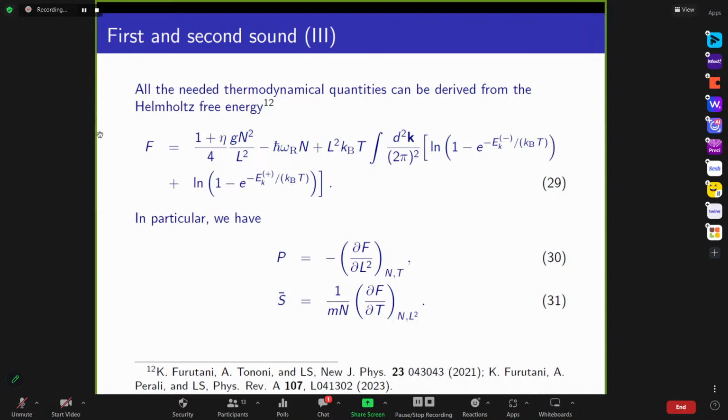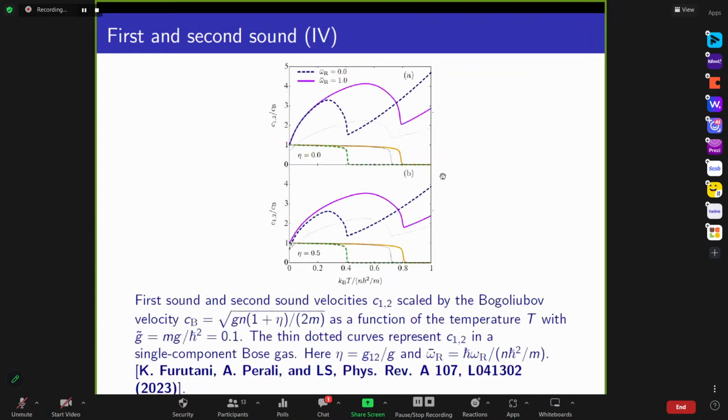So the Helmholtz free energy in our approach is simply the Helmholtz free energy at zero temperature, which is the mean field one if you want, plus the thermal contribution that is related exactly to the elementary excitations, as shown in equation 29. So doing all the calculations, at the end you can calculate the first and second sound, the two sounds associated to the biquadratic equation that I have shown previously.